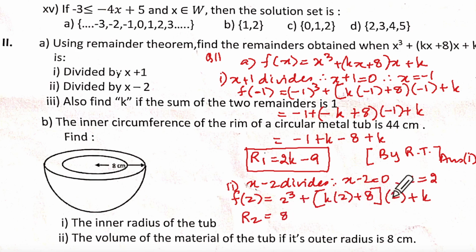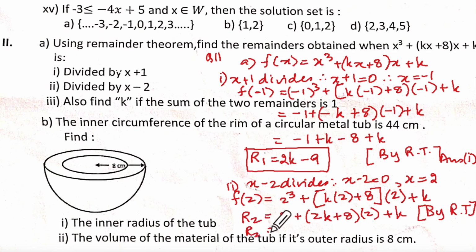So 8 plus 2k plus 8 into 2 and then plus k, and here itself I'll write by remainder theorem.